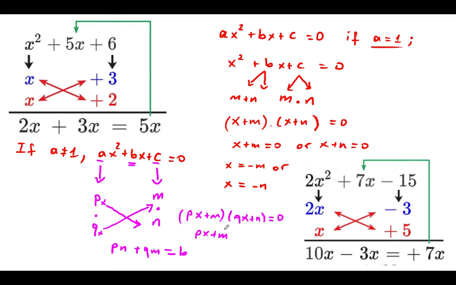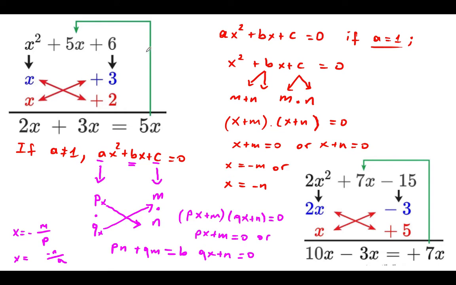If we want to find the roots, the first one is equal to 0, or the second one is equal to 0. Then px plus m equals 0 means x is negative m over p. By the same logic, if you take the n to the other side, x is negative n divided by q.